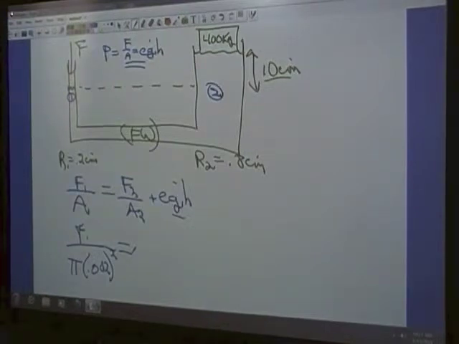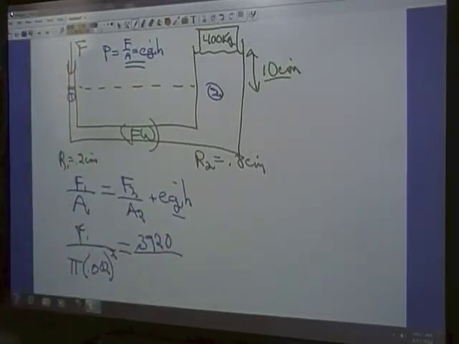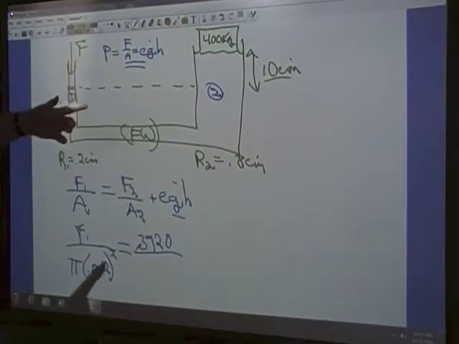How do we change masses to forces? mg, right? So 400 times 9.8, 3,920. What are the units? Newtons, thank you. Over the area, what's the area if the cylinder has a radius of 0.8 centimeters?